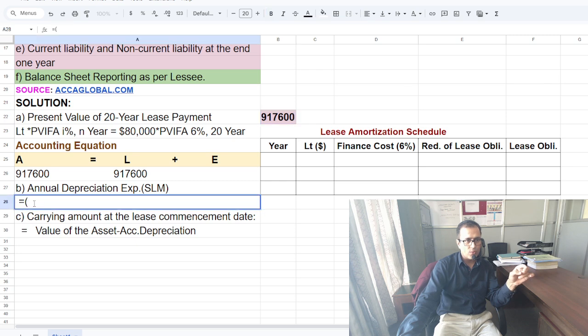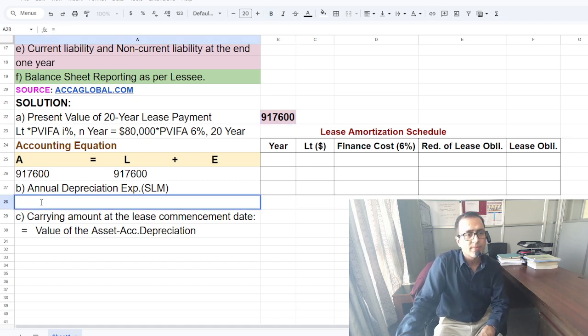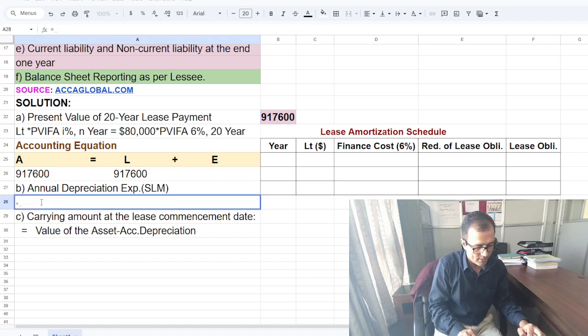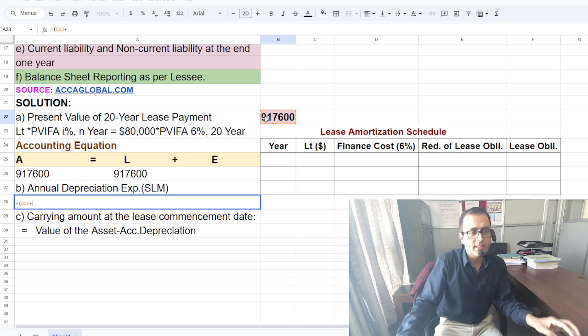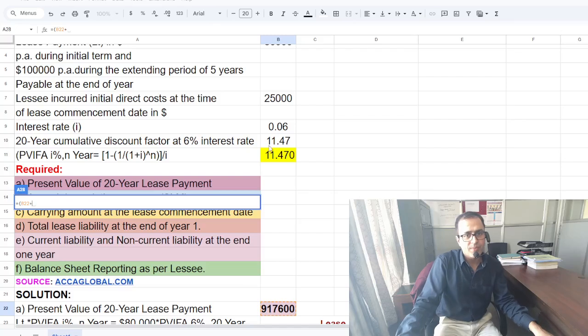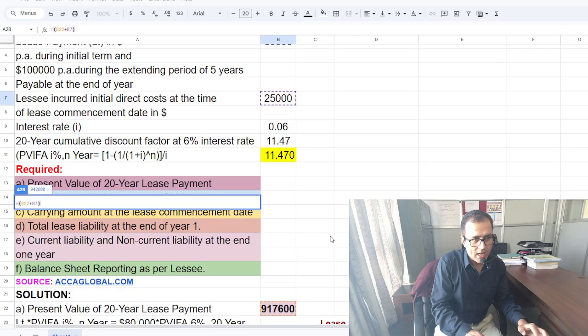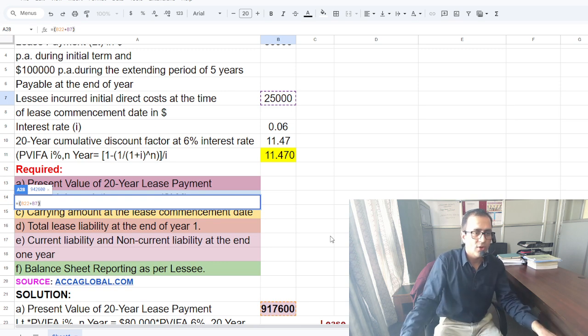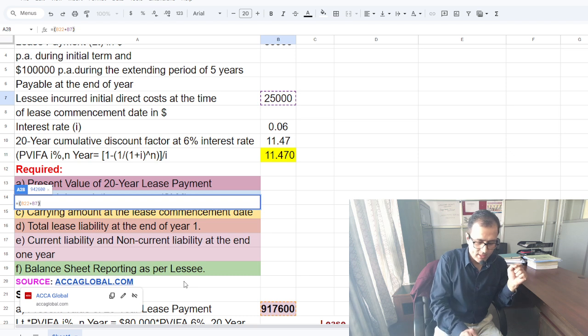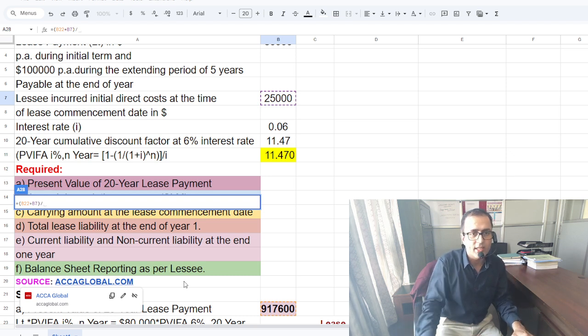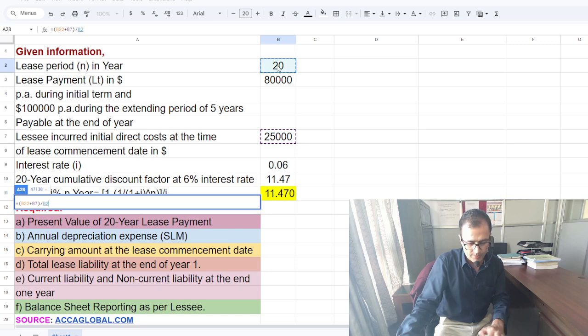So present value of the lease payment plus 25,000, since the lessee spent 25,000, is the total value of the assets, divided by the lease period of 20 years.